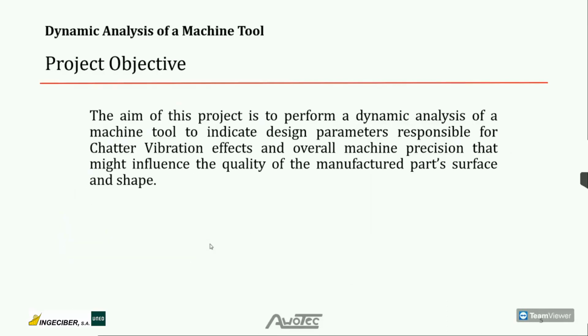So the aim of this master's final project was to perform a dynamic analysis of a machine tool to indicate design parameters responsible for chatter vibration effects and the overall machine precision that might influence the quality of the manufactured parts, surface and shape.